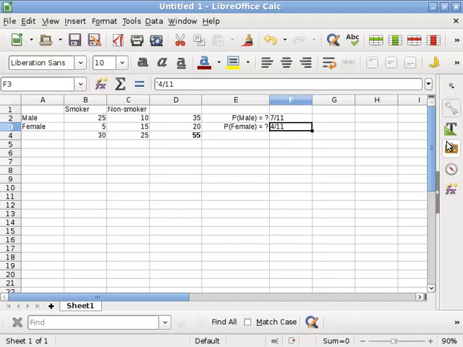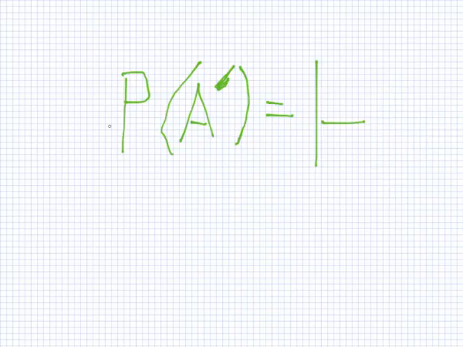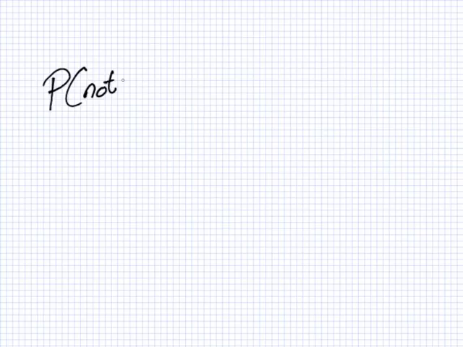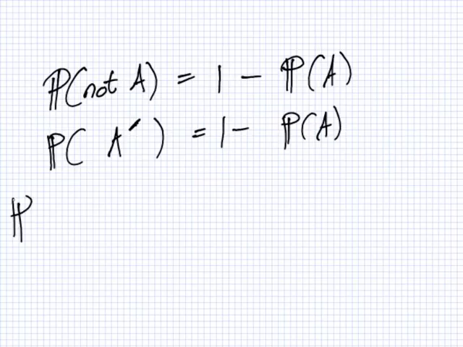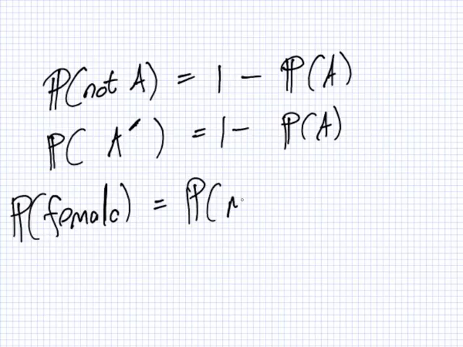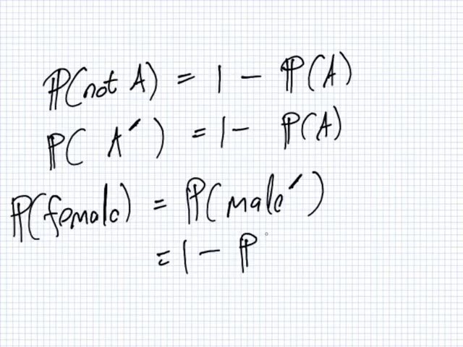So the probability of not A is 1 minus the probability of A. And often we write not A shortly like this. So you see you get the same answer, 4 over 11.